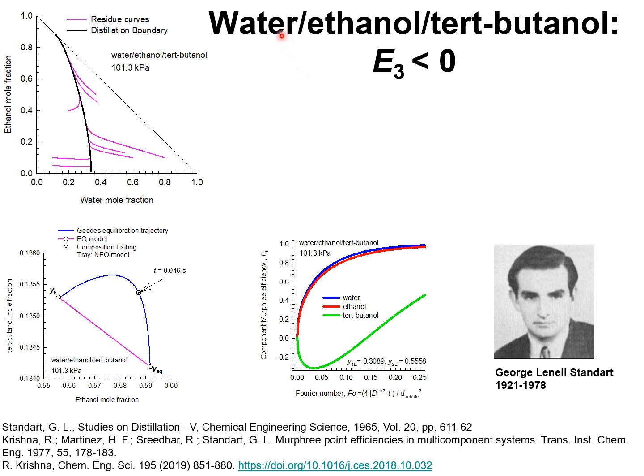Moving on to the ternary mixture water, ethanol, tertiary butanol. This is a system also with a distillation boundary, and these are the calculations using the Maxwell-Stefan Geddes model, starting with a vapor composition entering the tray.